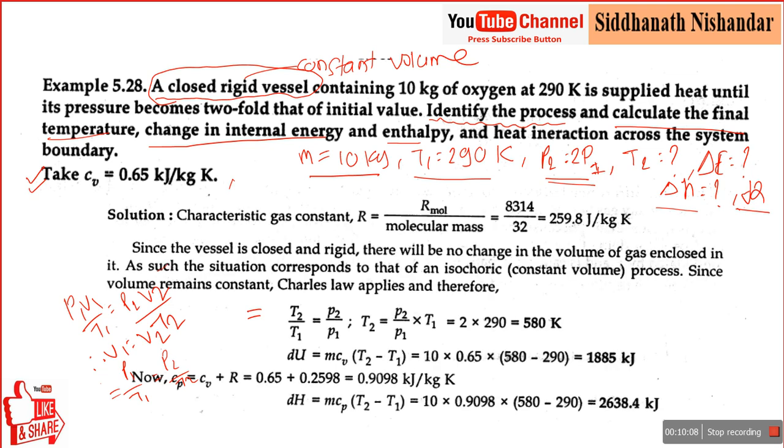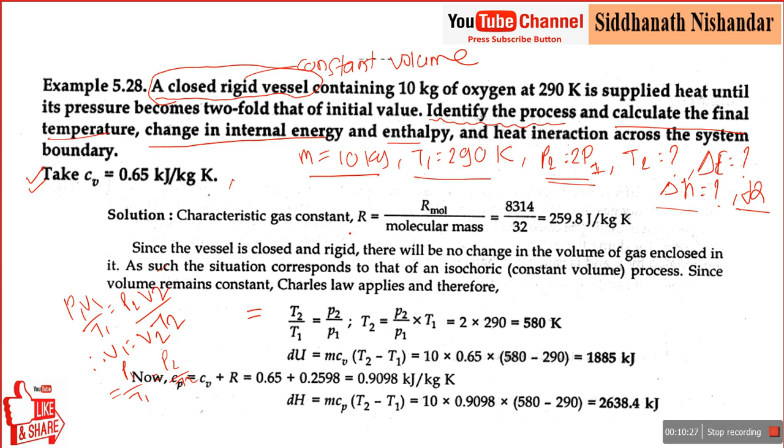Before that, they have not given R, the characteristic gas constant. So we need R. Why do we need R? They also have not given mass. For calculating mass, we need the value of R. We see here how to calculate all these things.